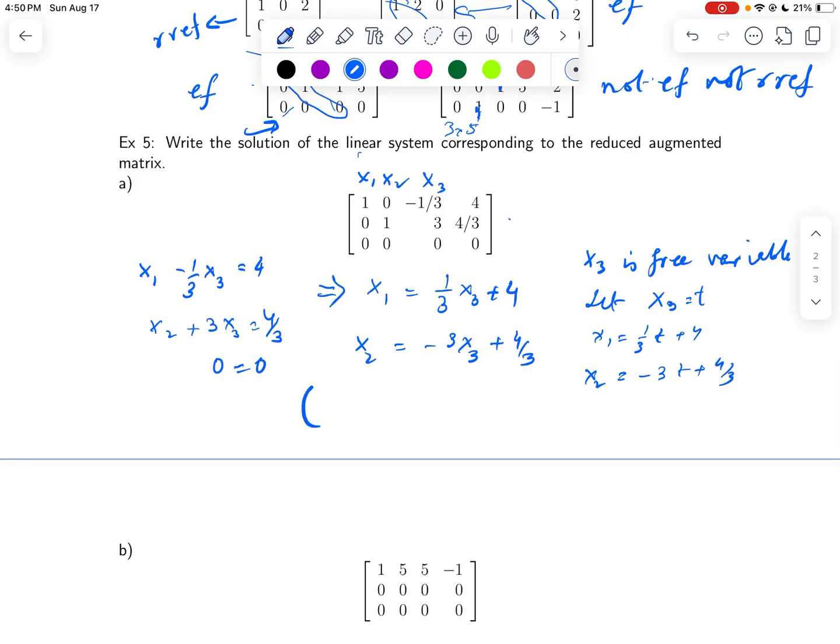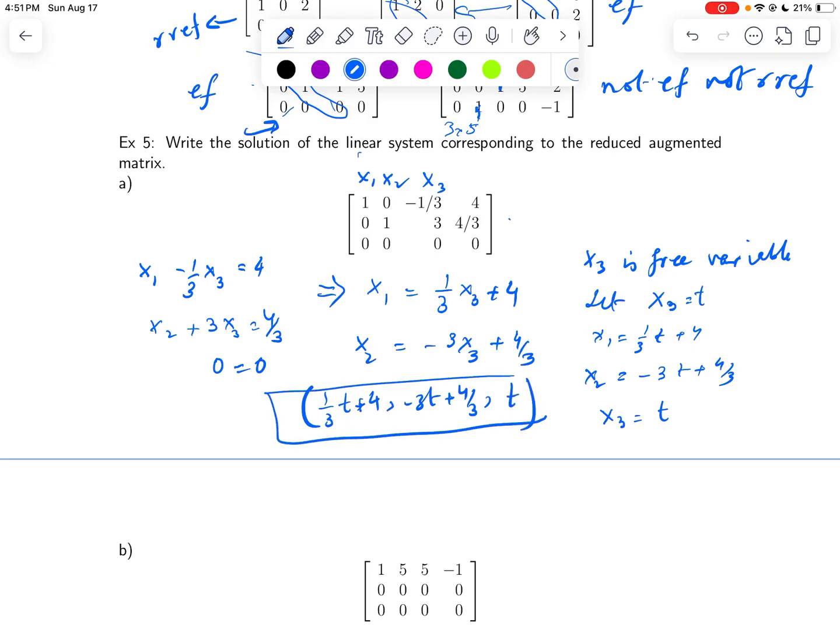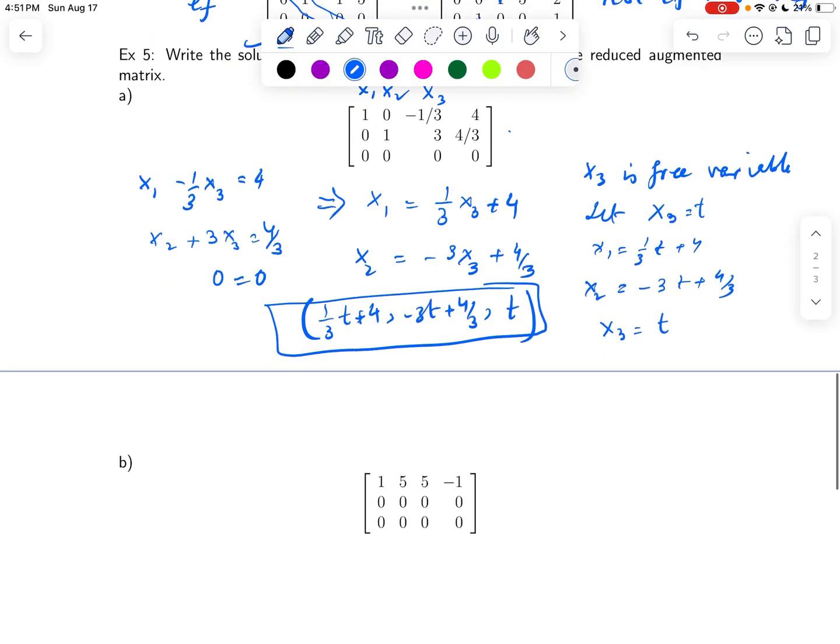Oh, by the way, there was an x3 here, so x3 is t. There are 3 variables, so we should give the value of each. So this is how you can write your solution. So this, you can see, has infinitely many solutions.